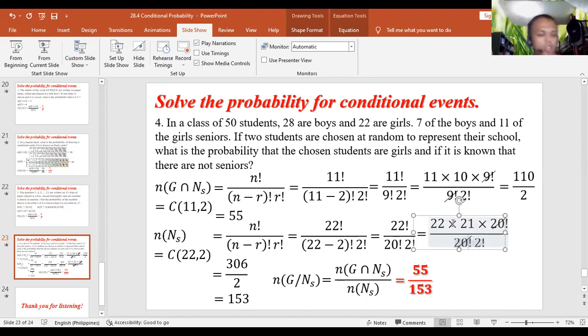Now, cancel out. 32 times 31, that would be equal to 992, divide by 2, we have 496. Then now, what is the intersection? We have 55, and then the students that are not senior is 496. So the answer is 55 over by 496.